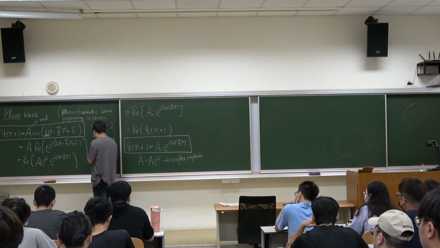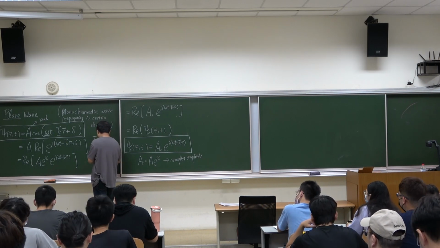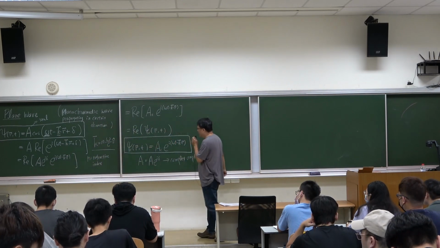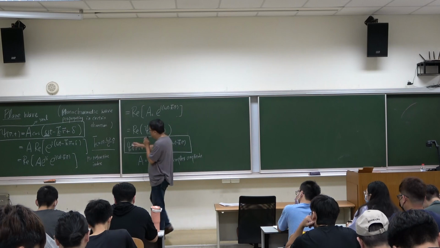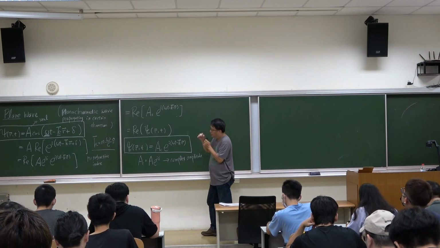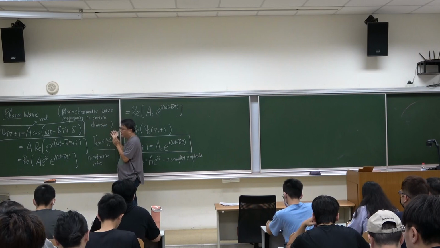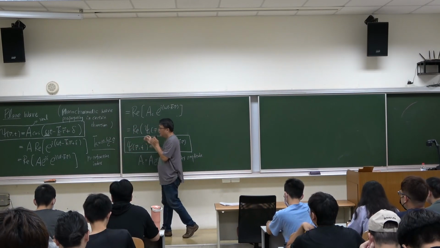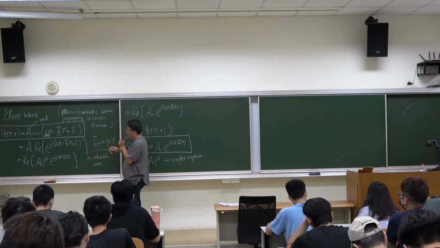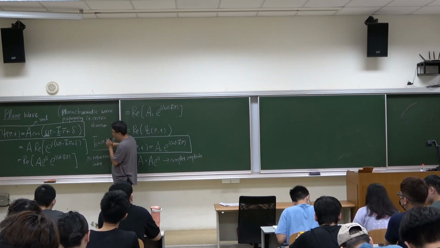Here n is the refractive index, and omega is the angular frequency. Usually we just call it frequency, but you understand this is the angular frequency. It is different from the usual frequency by the factor 2 pi. And c is the speed of light in vacuum.